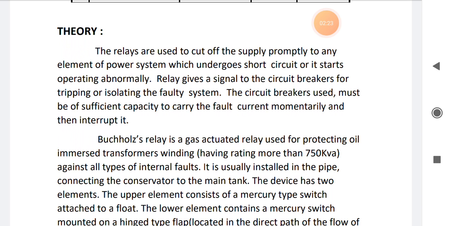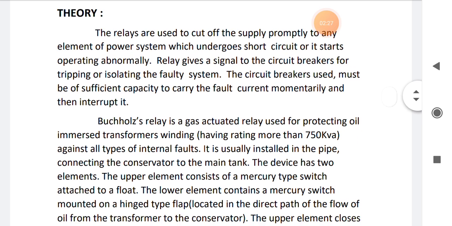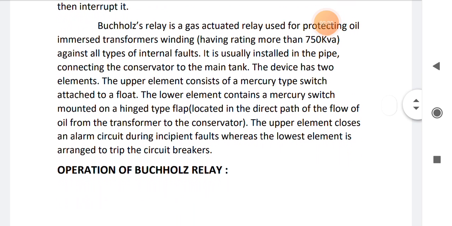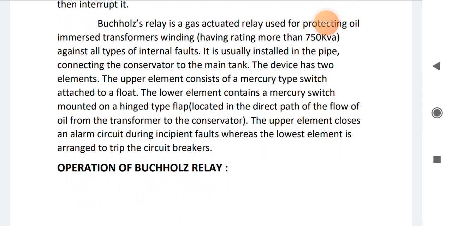It is usually installed in the pipe connecting the conservator to the main tank. The device has two elements. The upper element consists of a mercury type switch attached to a float. The lower element contains a mercury switch mounted on a hinge type flap located in the direct path of the flow of oil from the transformer to the conservator.